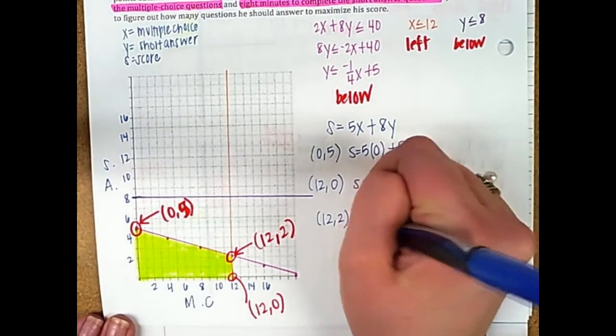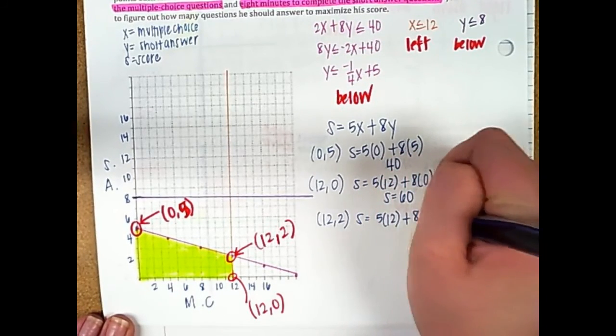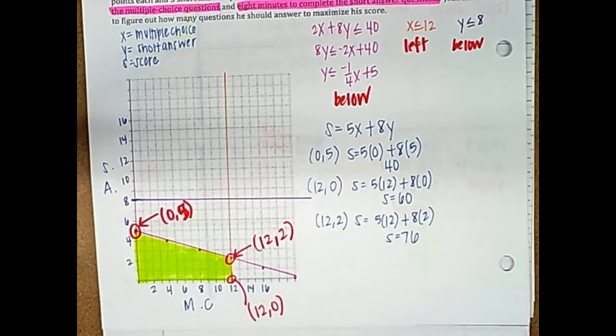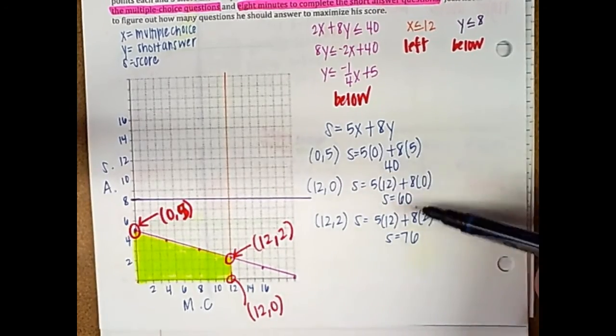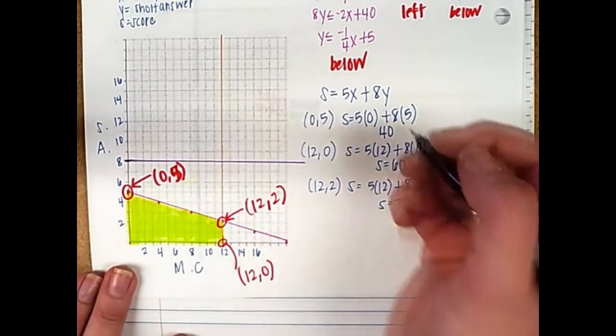And then 5 times 12 plus 8 times 2 gives a score of 76. The highest among 40, 60, and 76 is the maximum score.